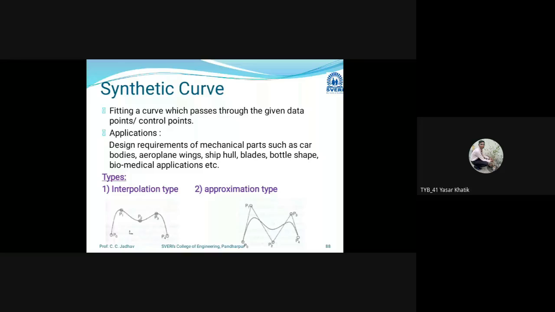So this is about the synthetic curve. From this you can easily understand the nature of the curve and the application of the particular curve. That is an important part of the synthetic curve, and how we use the different types of curve will depend on your design and model accuracy.